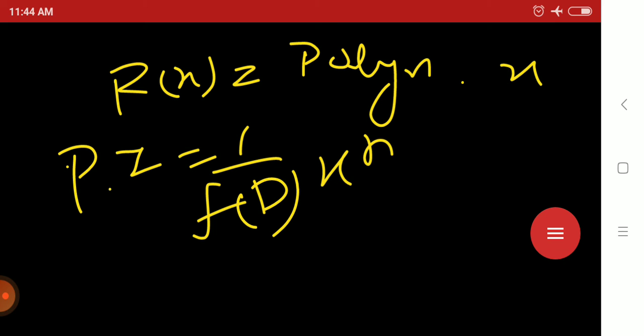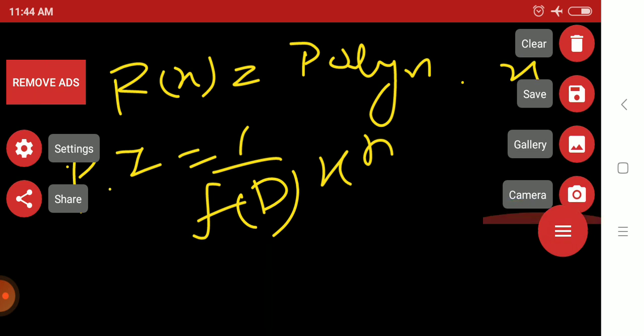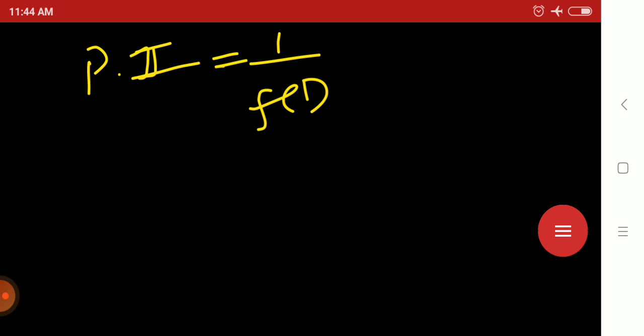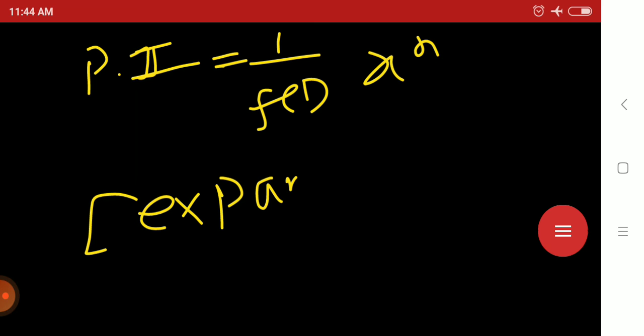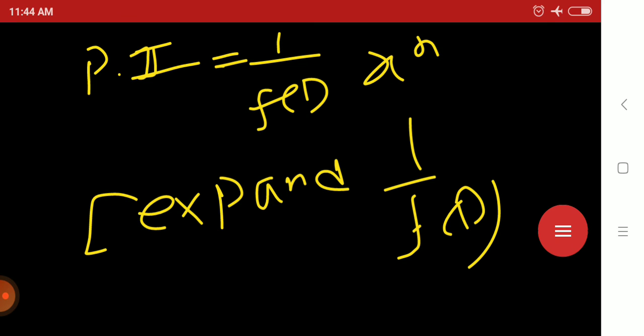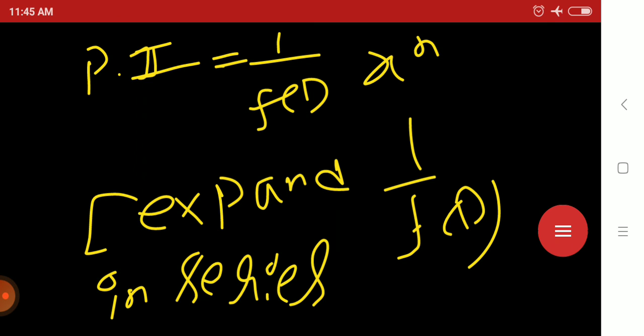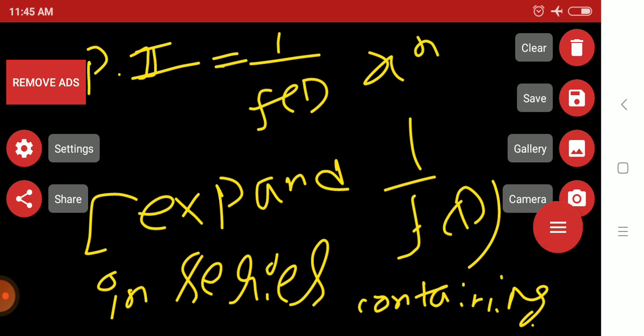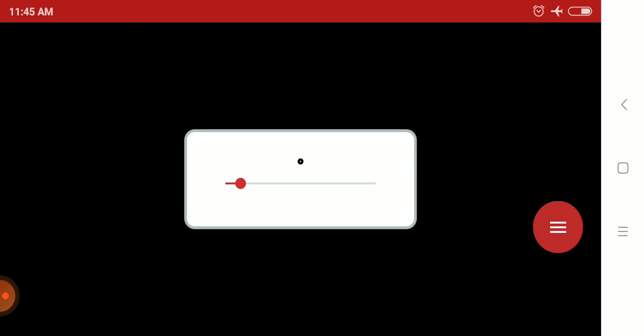Now what you have to do here? The rule is that you have to expand 1 by f of D in a series containing powers of D.